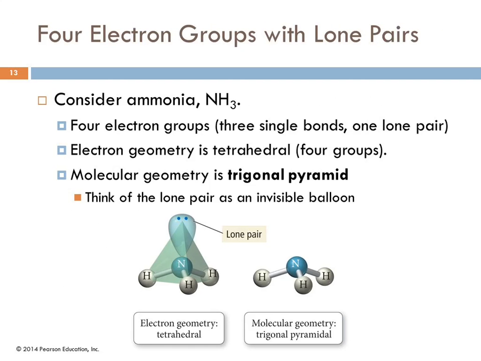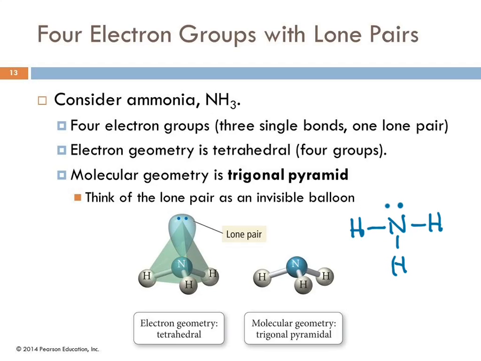So let's look at ammonia. Let's just sketch the Lewis structure over here real quick. There's the Lewis structure for ammonia. We look at the nitrogen and we see there are 1, 2, 3 single bonds. Those are each electron groups.